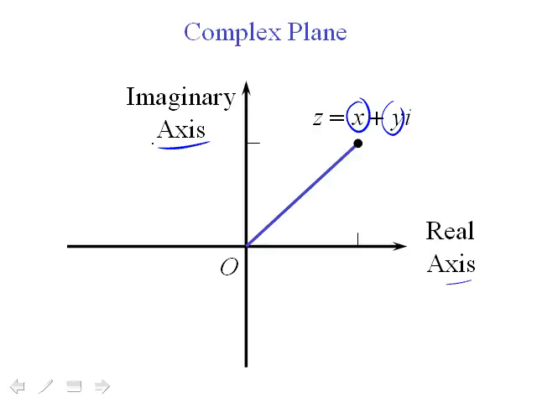So x plus y times i would correspond to the point in the Cartesian plane with coordinates x, y, but it is a single number in this bigger number system, the set of complex numbers that we're going to use.